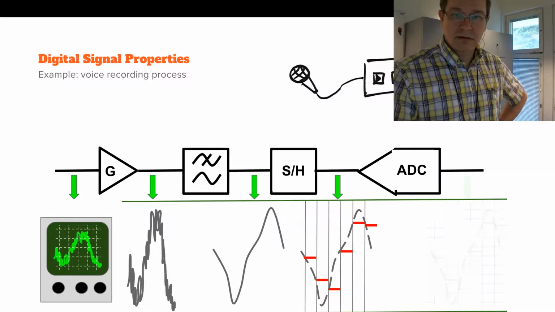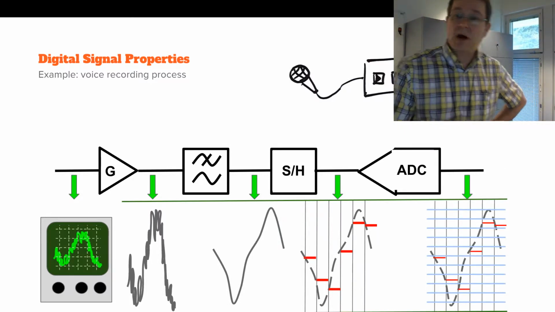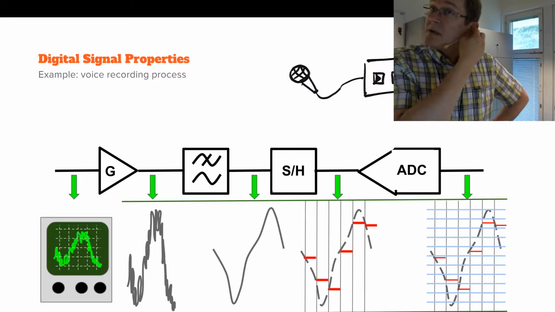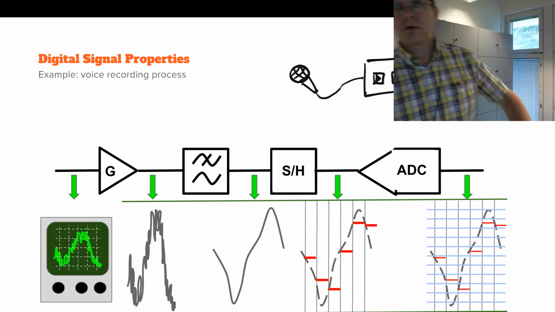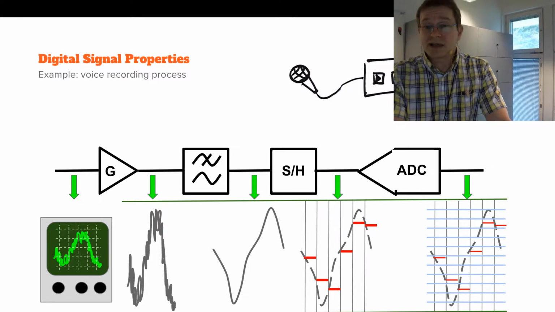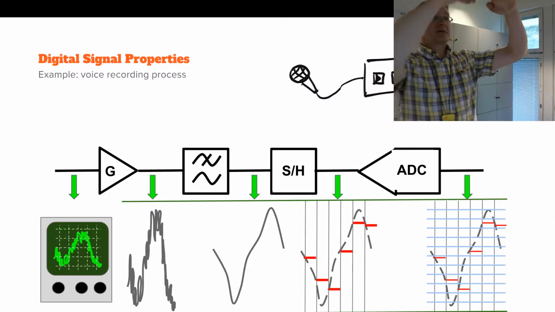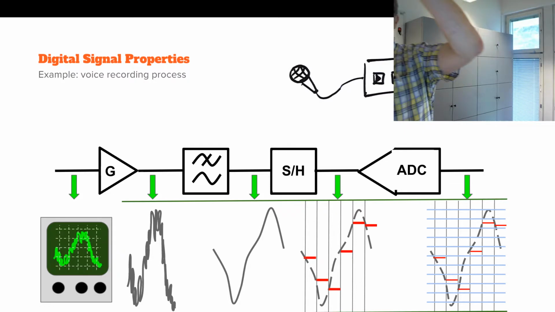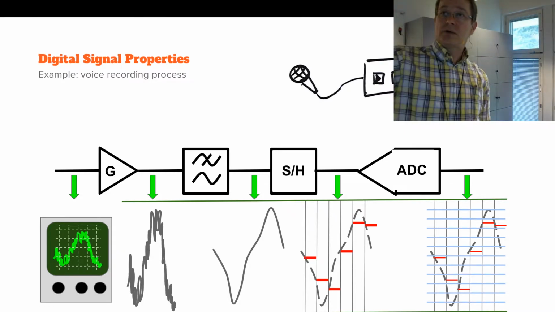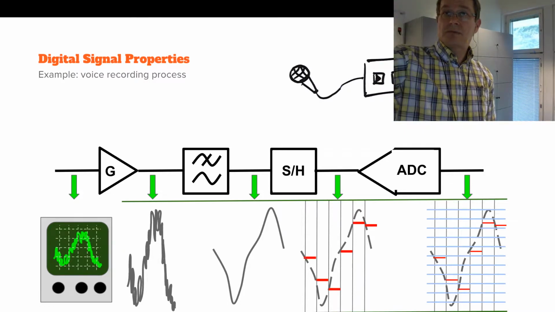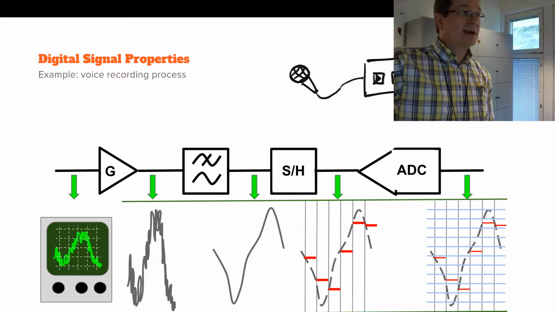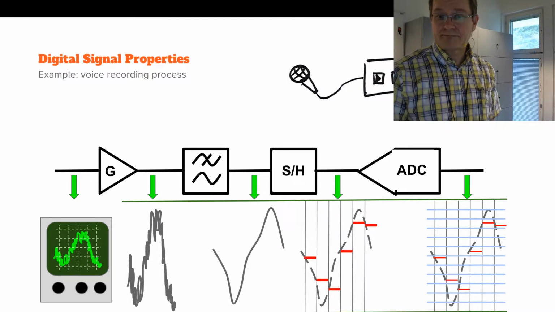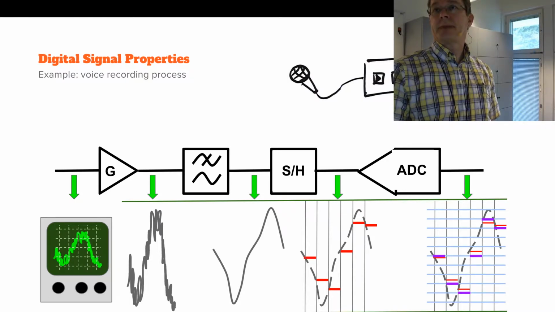Okay. And the next one would be the A to D converter or A to D conversion, which basically has quantized steps of values that it can present. So basically a good A to D converter rounds those continuous values into certain digital levels. Okay.